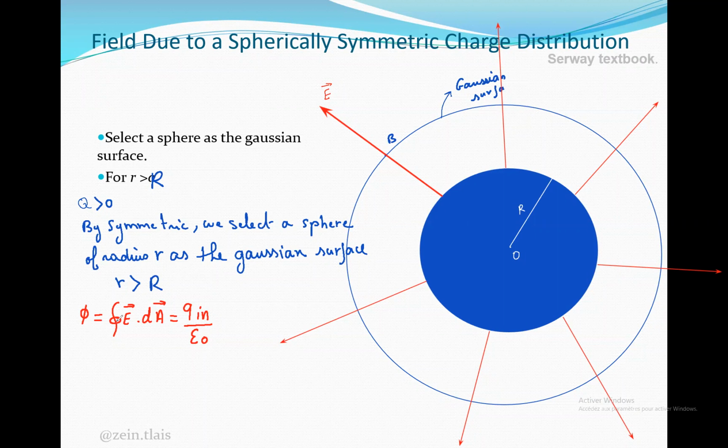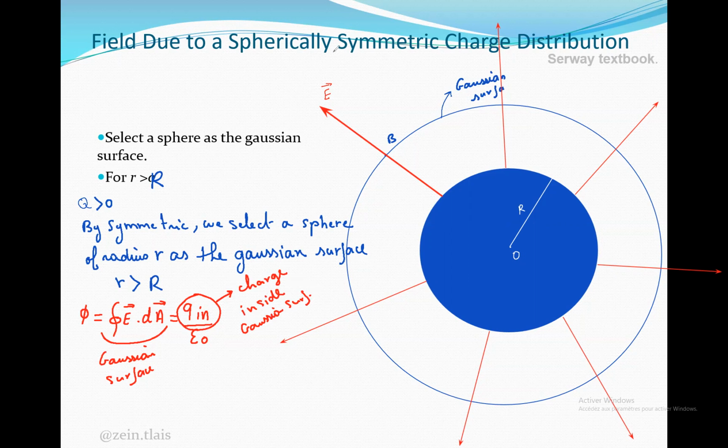It means that it's a closed surface. This part of the equation is related to the Gaussian surface, and Qn is related to the charge inside the Gaussian surface. It's important.